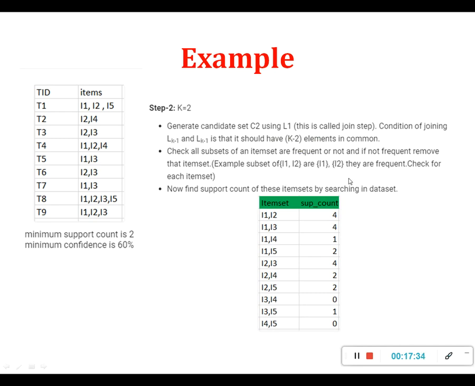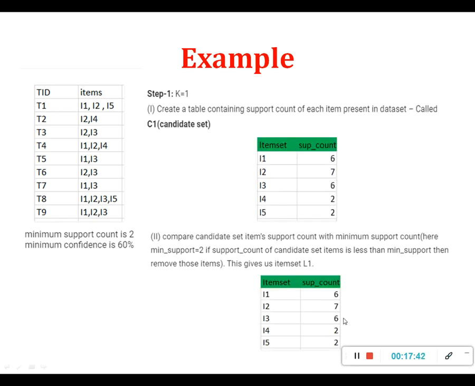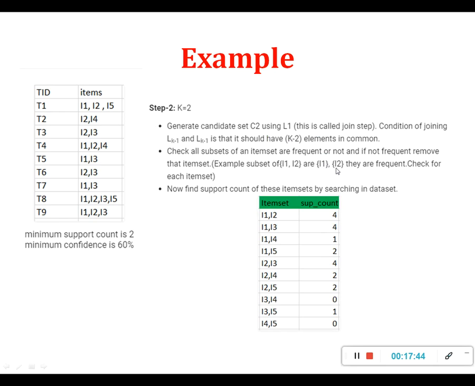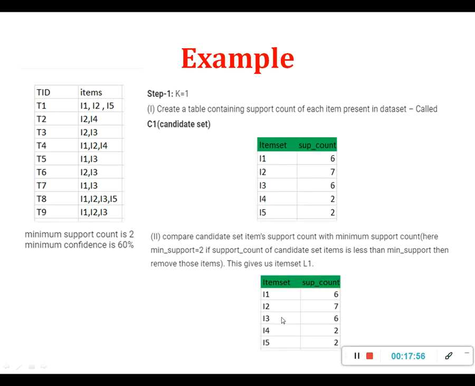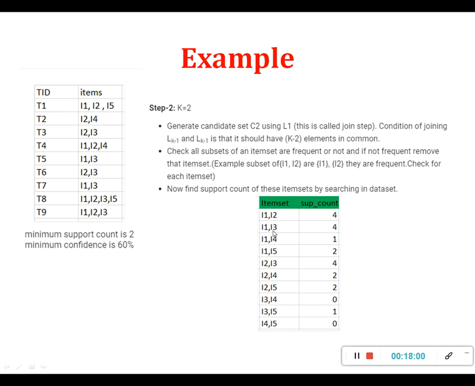So if the subsets of I1 and I2 are present in L1, it means their subsets are frequent and therefore the superset is also frequent, so I will say that I1 and I2 is frequent. Same way for I1 and I3, I will check, yes, they are present over here with support counts 6 and 6, so they are frequent.